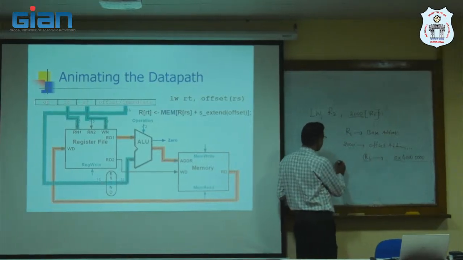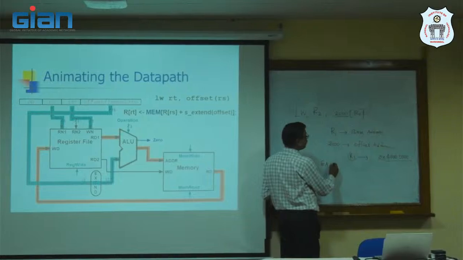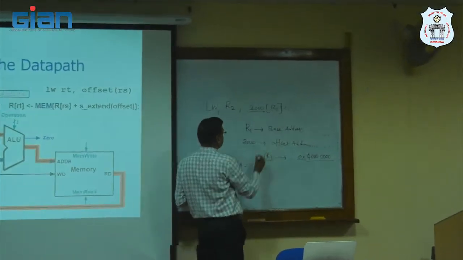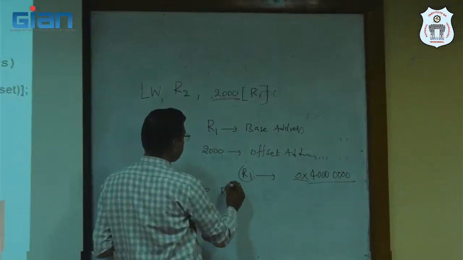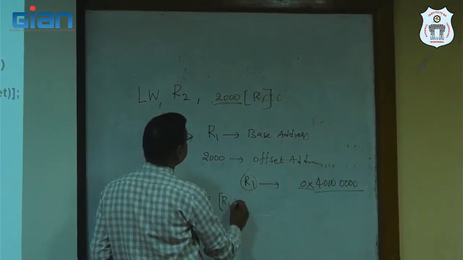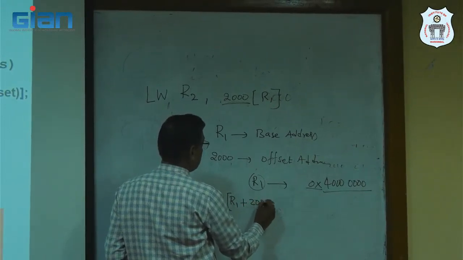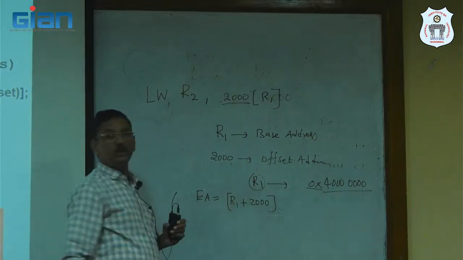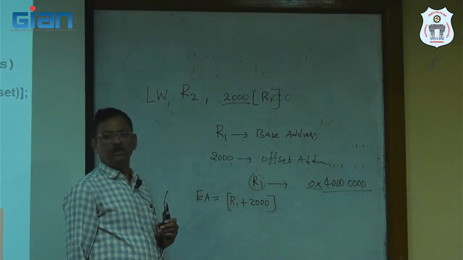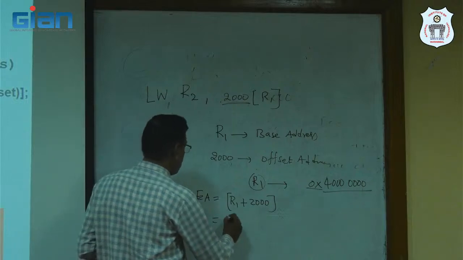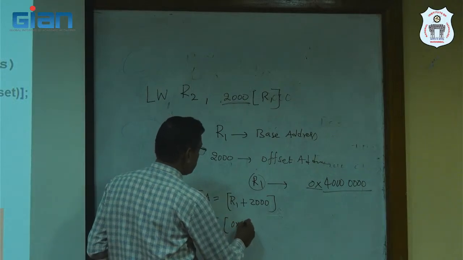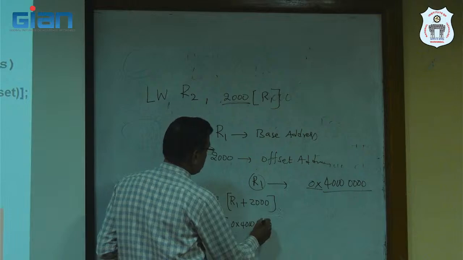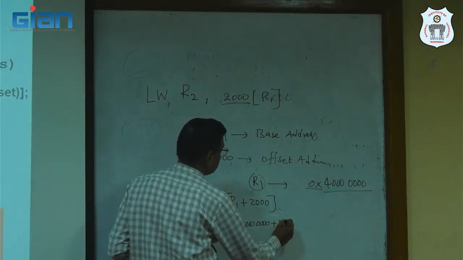Then the effective address is equal to the base address, that is R1, plus 2000. R1 content plus 2000 is the effective address. That is equivalent to R1 content, 0x400, plus 2000.